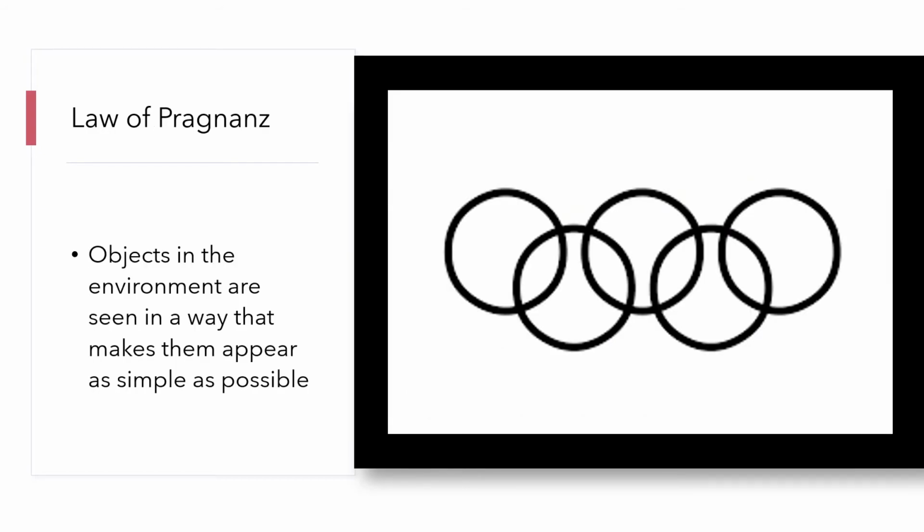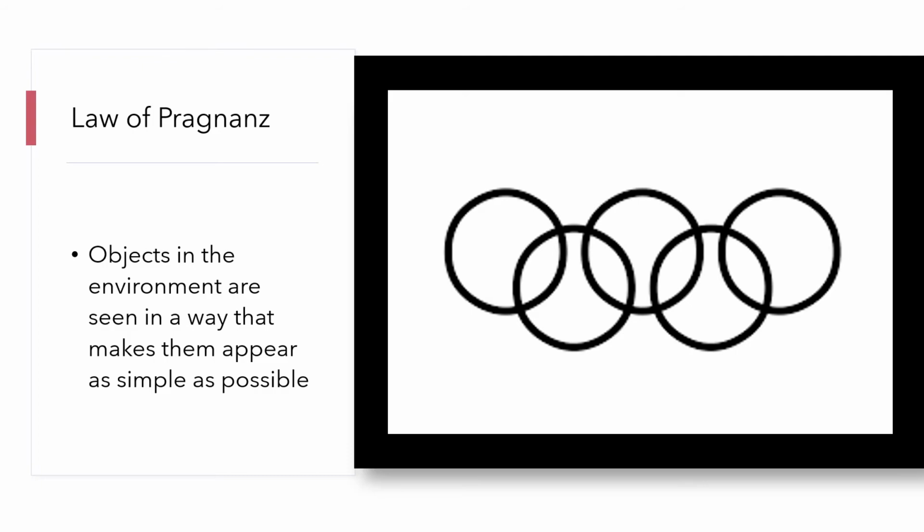Then we have law of Pragnanz. Law of Pragnanz simply means objects in the environment are seen in a way that makes them appear as simple as possible. So the word Pragnanz is a German term meaning good figure. So the law of Pragnanz is sometimes referred to as law of good figure or the law of simplicity.